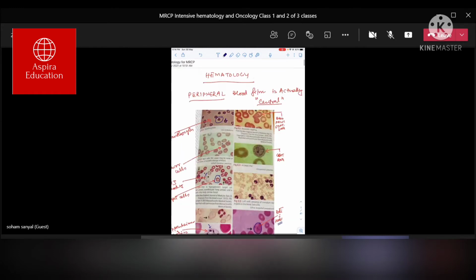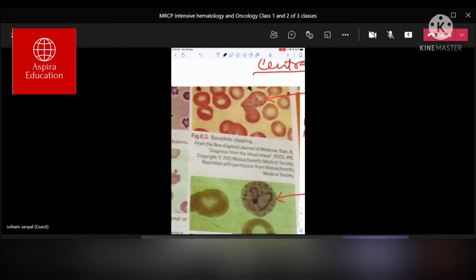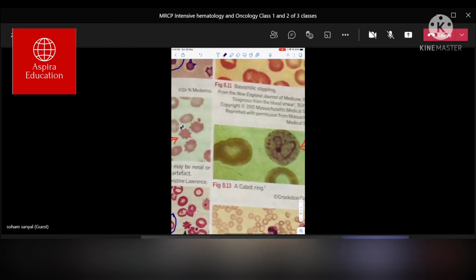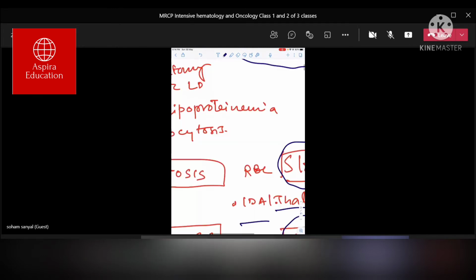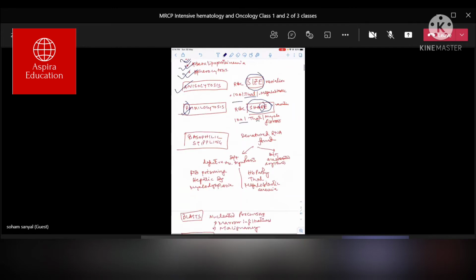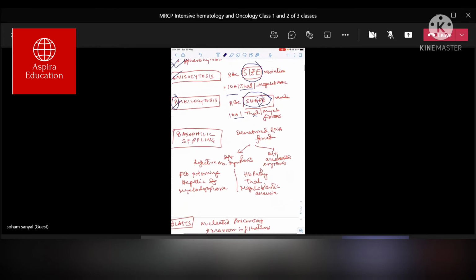We are again looking at the basophilic stippling. Look at the picture once, and now we are moving back to the basophilic stippling notes. So what is basophilic stippling? What causes the stipples? These are denatured RNA. How are denatured RNAs formed?